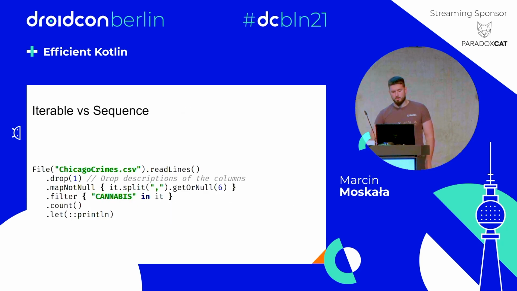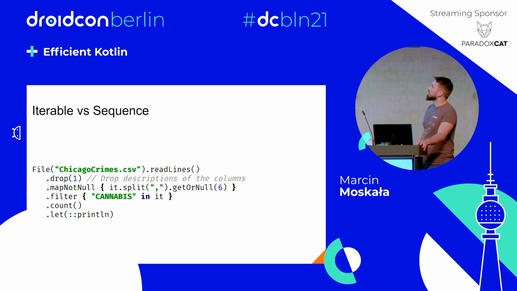I would like to show you concrete examples. This is Chicago crimes. If you ever want to find a nice source of data for some analysis, Chicago publishes all the records of all its crimes since 2001. So 20 years of crime in Chicago, it's a lot of data.